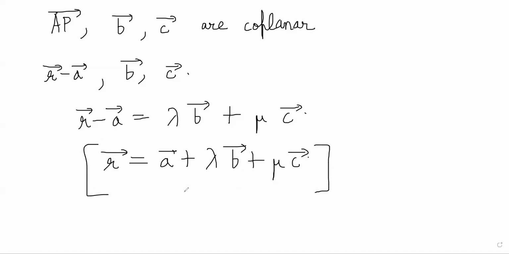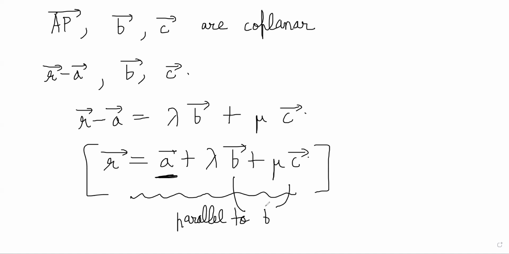Here R is a general point on the plane, and we are saying that this plane passes through the point A and is parallel to the vectors B and C. So notice the logic behind how we did this. We are saying that if a plane passes through a point, then we can construct a vector AP where P is a variable point in the plane.